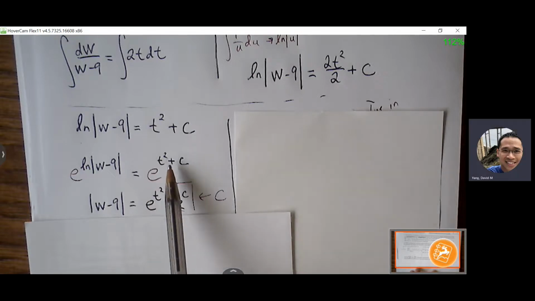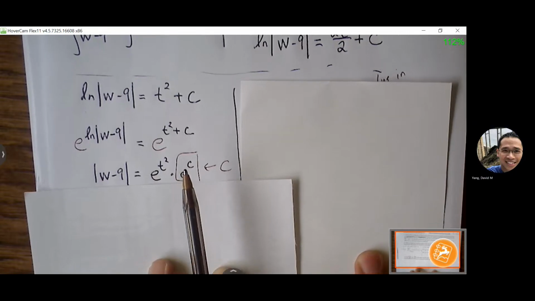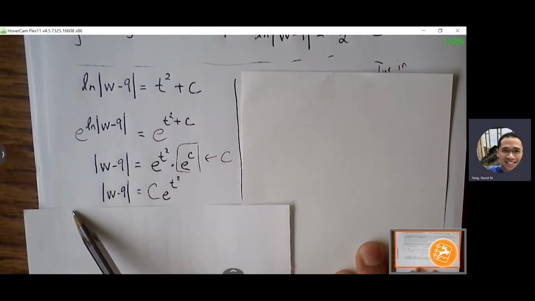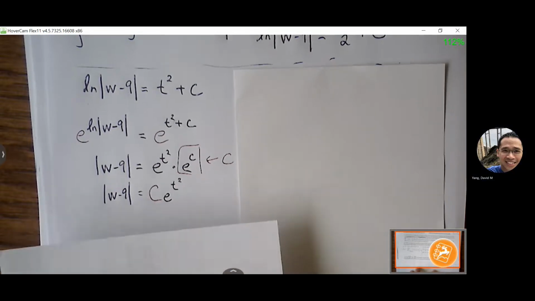Okay. E to the t squared plus c becomes e to the t squared times e to the c. And we know that e to the c is just one large c. Pull the c out in front, drop the absolute value.